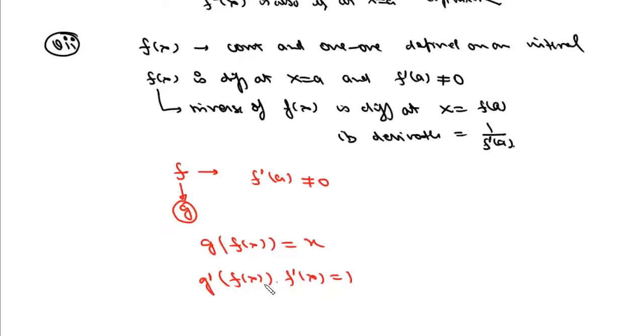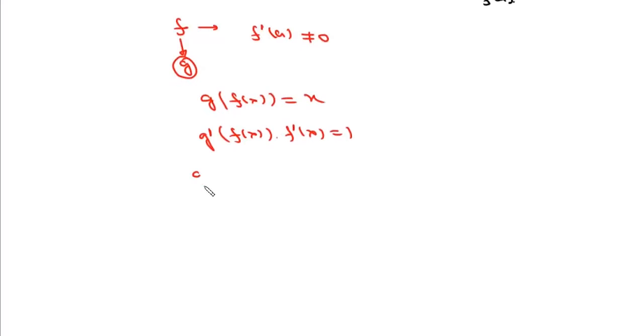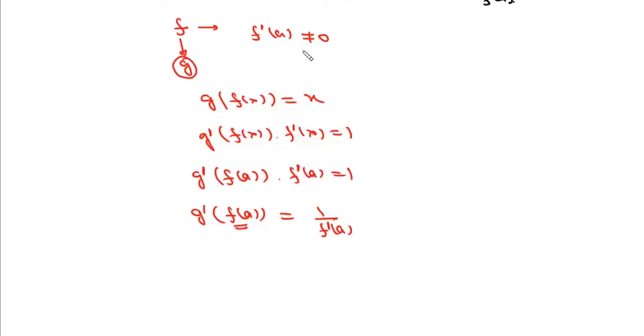Now, if we replace x with a, we can write g dash f(a) into f dash a as 1, or simply g dash f(a) is equal to 1 upon f dash a. That is, the derivative of its inverse function at f(a) will be equal to 1 upon f dash a, provided f dash a is unequal to 0.